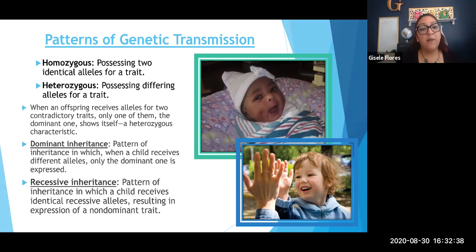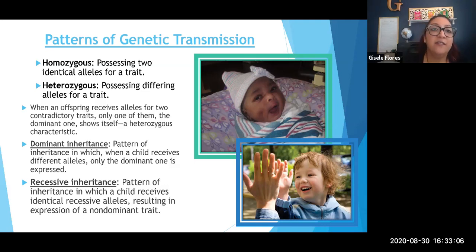So let's talk about dominant inheritance. What are some characteristics that are a product of dominant inheritance? One of these is dimples, actually. Let's say everyone in the family has dimples. The chances of that family passing on a dominant dimple gene is pretty high.